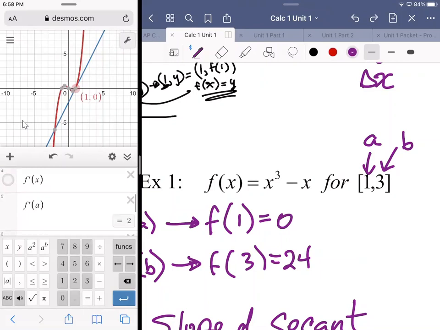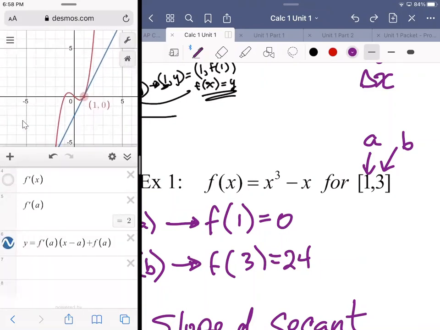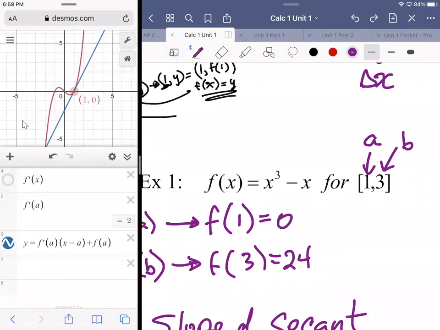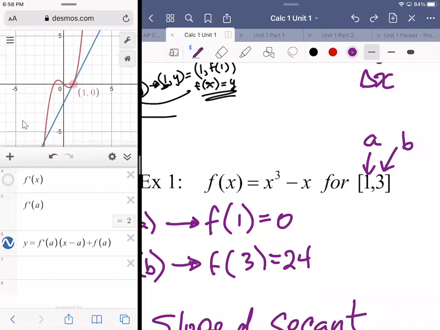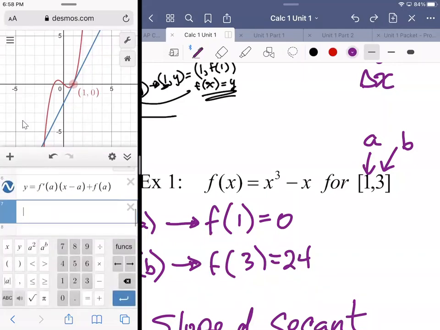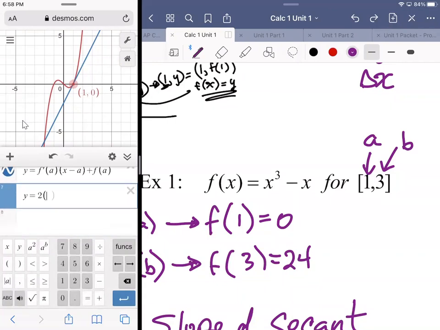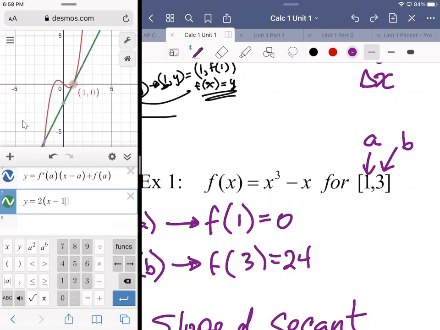It plotted my tangent line. It looks good. I only care about it being tangent at the point of tangency. The fact that it intersects the curve elsewhere is irrelevant. I have my derivative, which would be 2 at the a value of 1. I have my coordinates, so I could easily write the equation of a line. It would be y equals 2 paren x minus 1 plus 0.